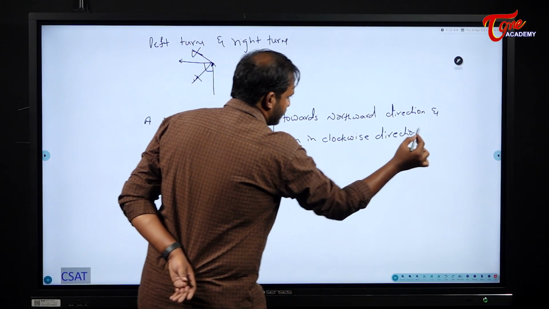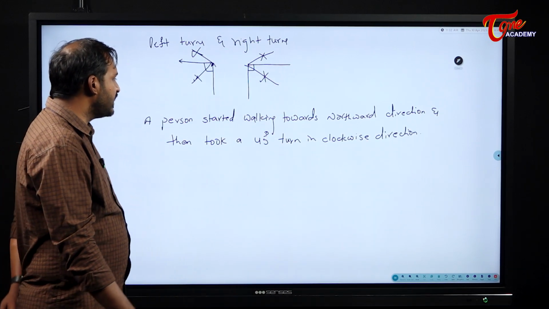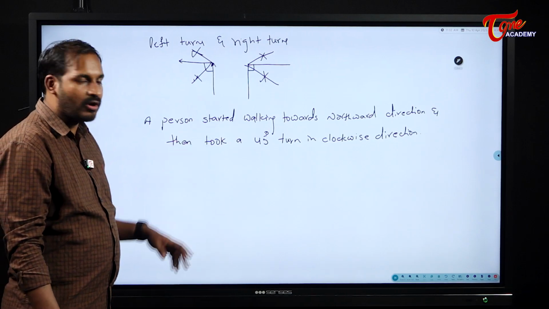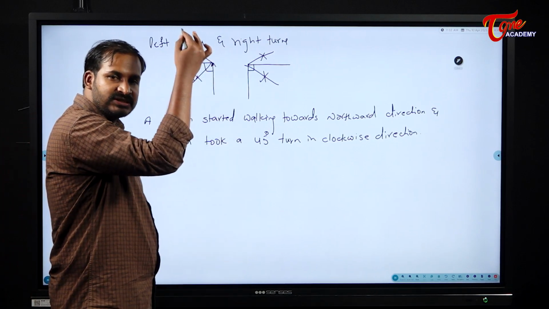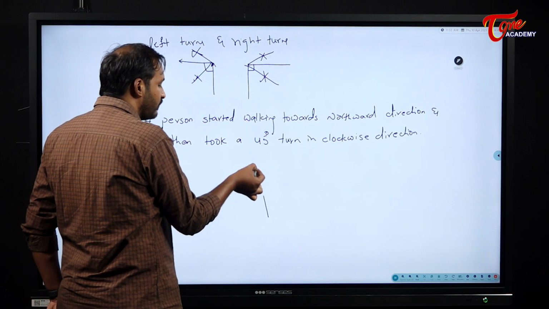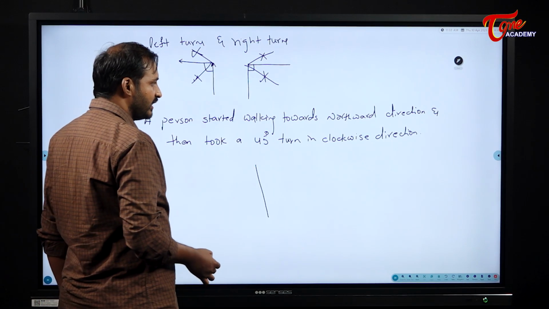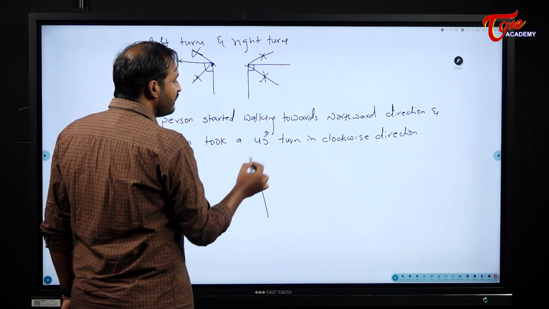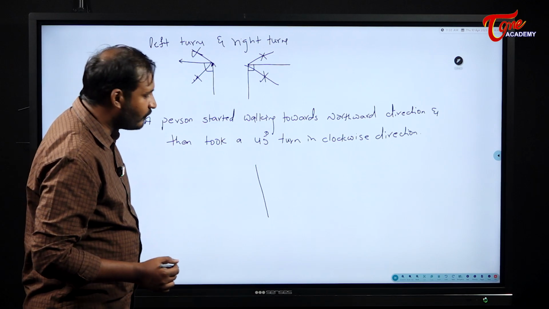Assume this is a statement. Now see here, a person started walking towards what? Northward direction, which usually means upward direction. Assume from some point he started walking towards the northward direction, and then took a 45 degrees turn in the clockwise direction.